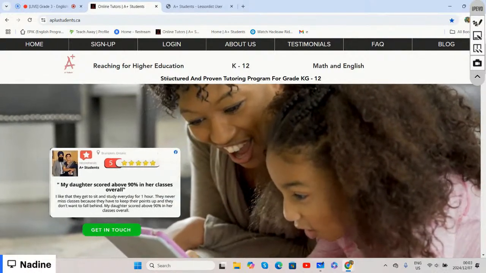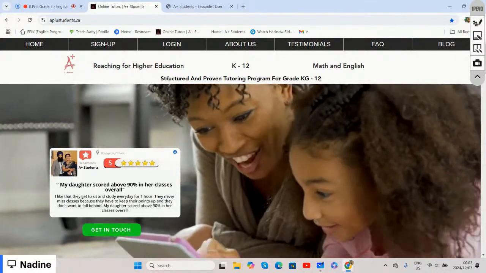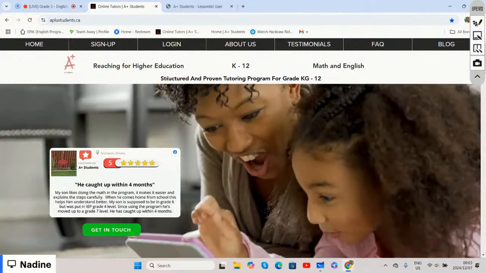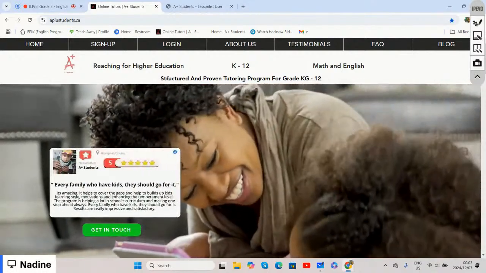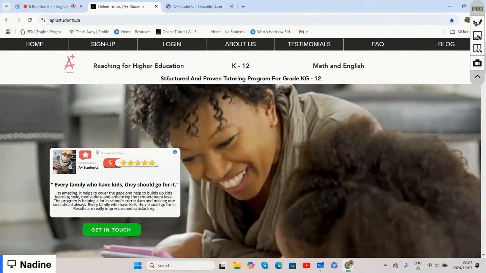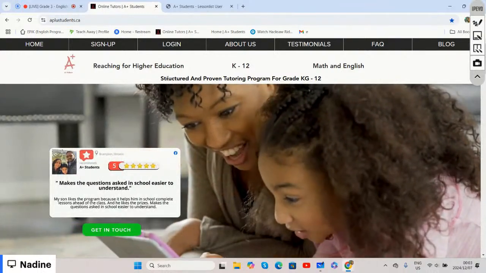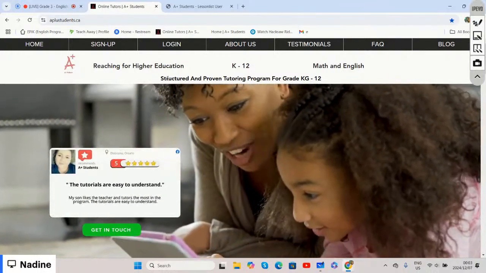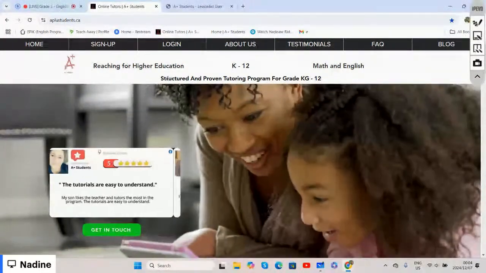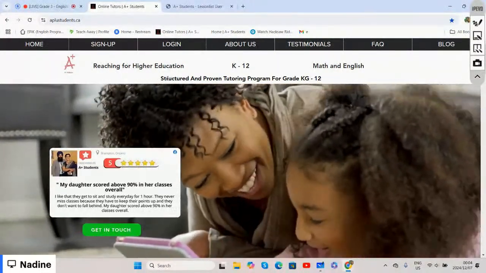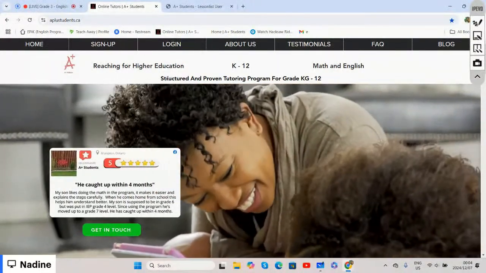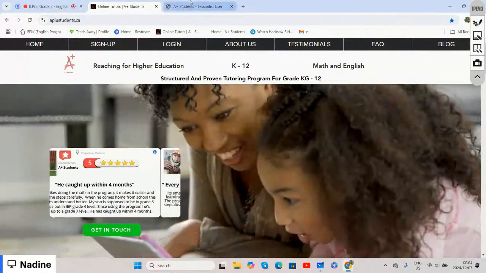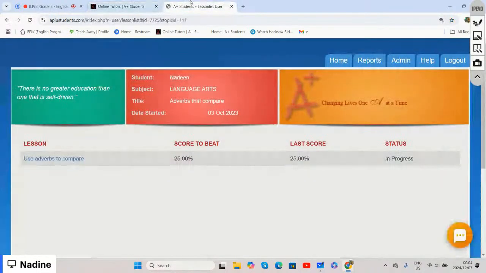We're doing grade 3. And then we're going to scroll down until we get to our chapter of adverbs that compare.